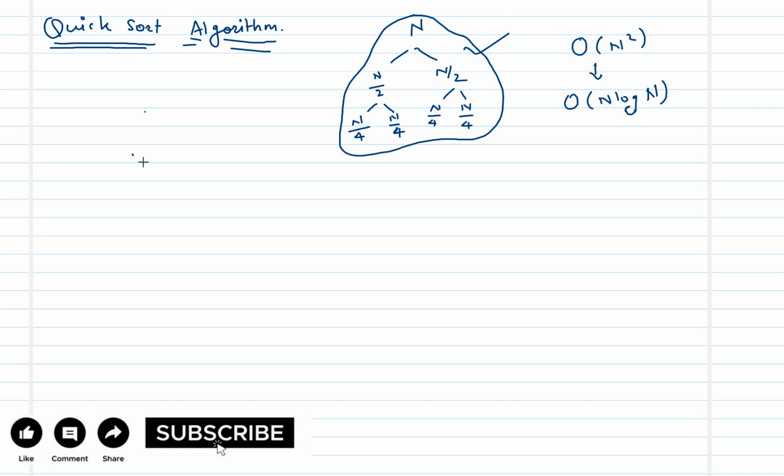Let's say you have an array of size n, which has some elements, which I'm showing with a dotted line. On these elements it chooses one pivot element, which I'll write as pivot p1. Now this array of size n will be divided into two different arrays, but the sizes may not be n by 2.